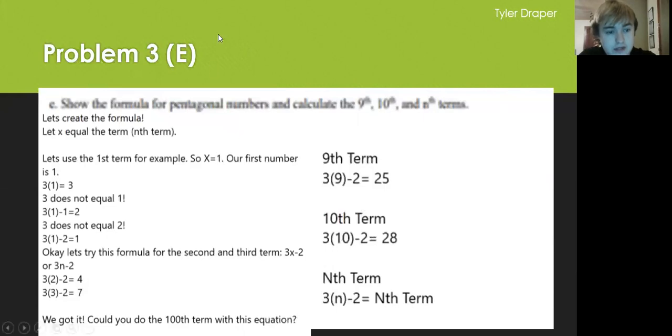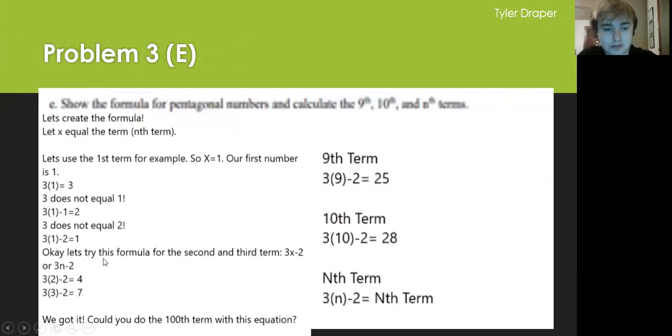So let's see. 3 times 1 minus 1 equals 2. That does not equal 1. That would equal 2. So 3 does not equal 2. 3 times 1 minus 2 equals 1.